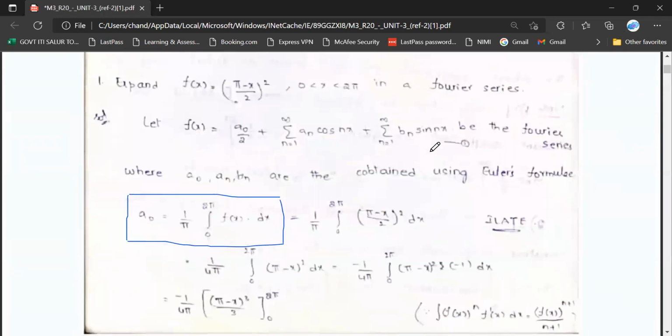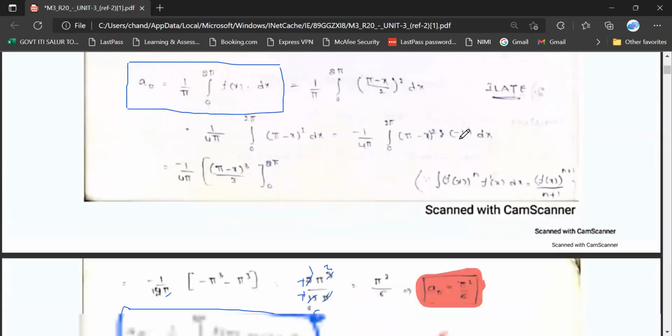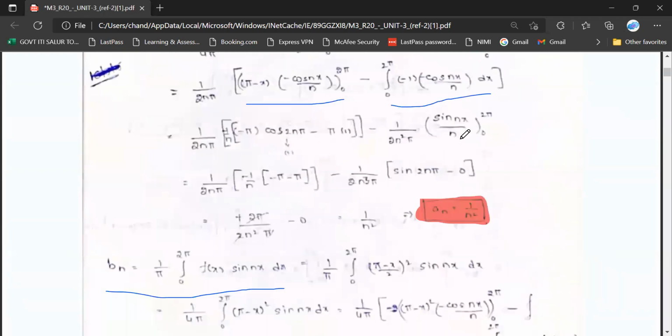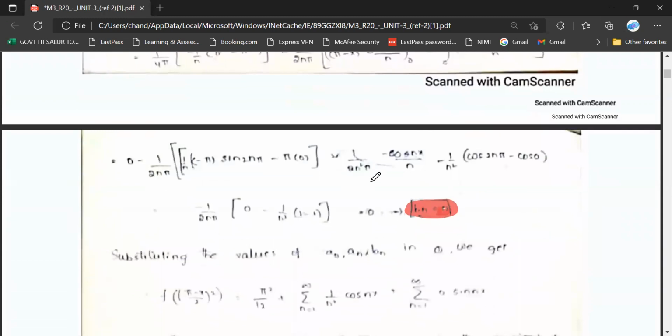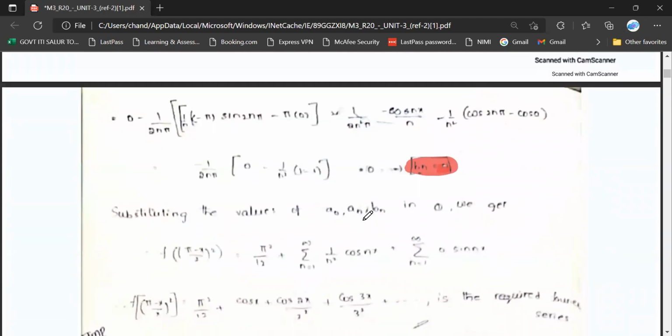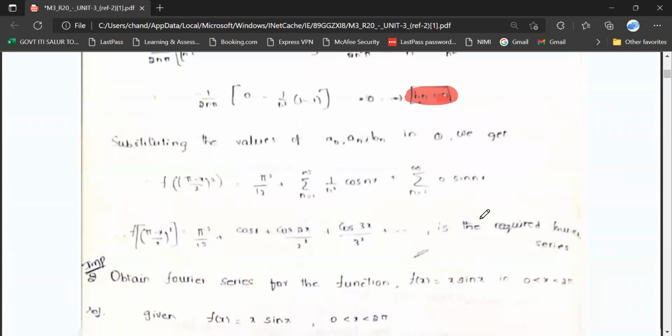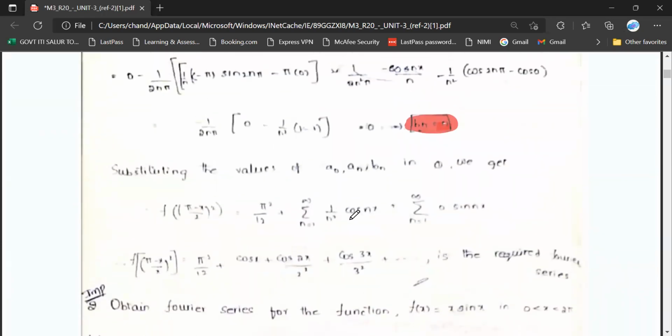What is the general equation? f of x is equal to a₀ by 2 plus summation of n equals 1 to infinity aₙ cos nx plus summation of n equals 1 to infinity bₙ sin nx. By substituting a₀, aₙ and bₙ in equation 1, we get π squared by 12 plus 1 by n squared cos nx plus 0 sin nx.